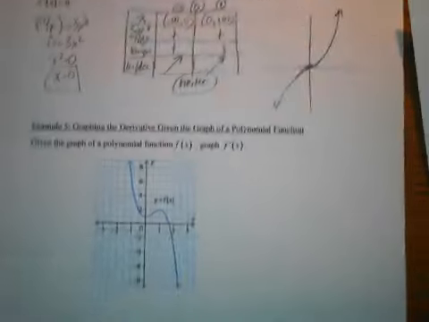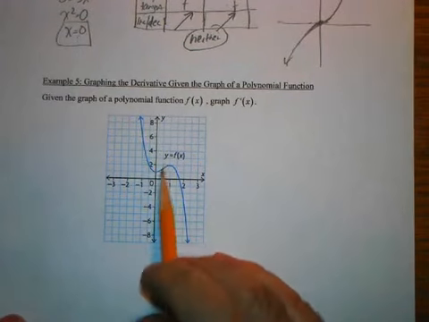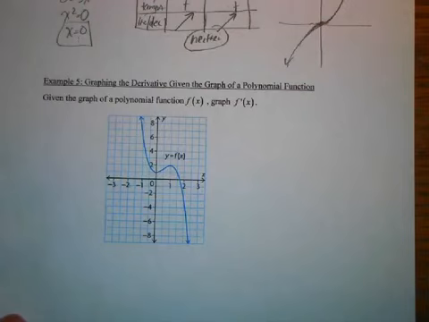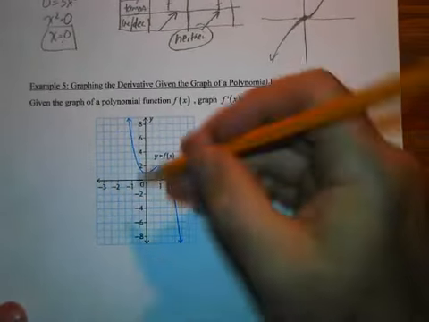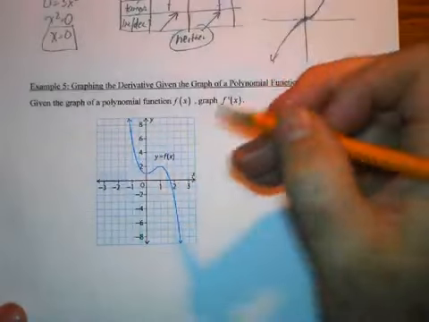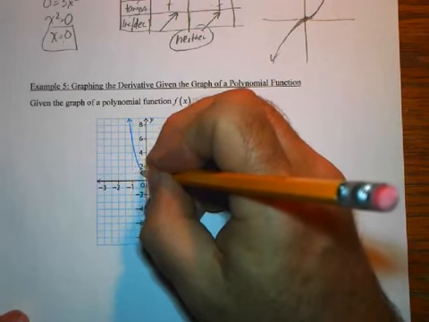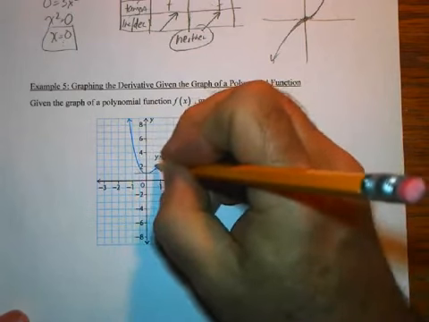Okay. Last question. Given the graph of the polynomial function, they didn't give the equation, they just drew it for us. Graph f prime of x. Okay, so this is a little different. So if that's my original function, f of x, what I'm going to do, and you can see this very easily, you can find where the critical points are, where the slopes are equal to 0.